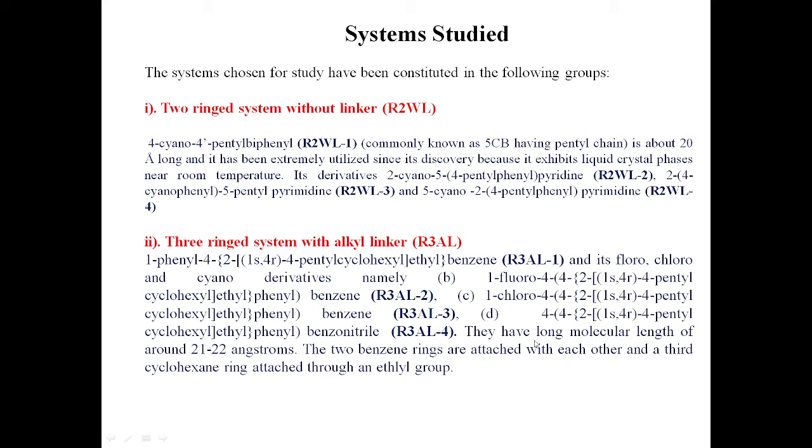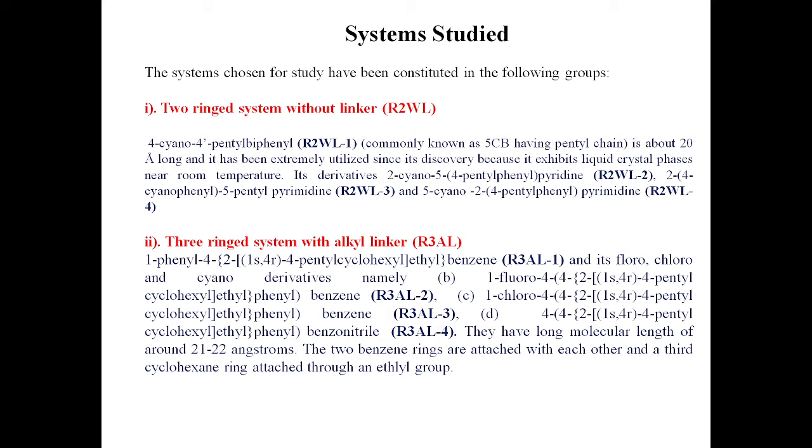The systems chosen for the study basically have two types of liquid crystal: a two-ring system without linker, that is R2WL, and a three-ring system with alkyl linker, shortened as R3EL.